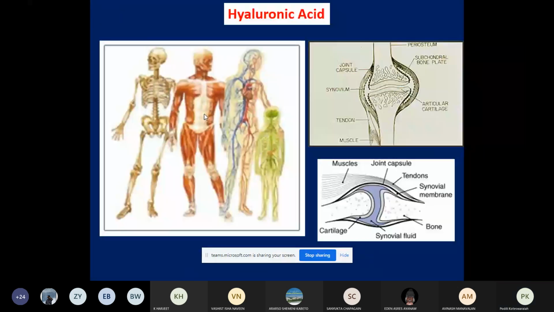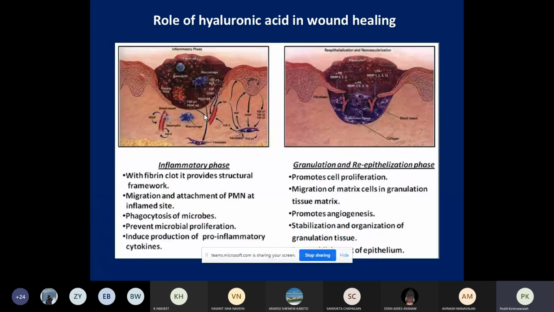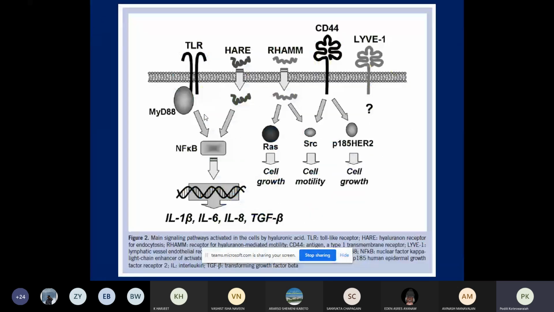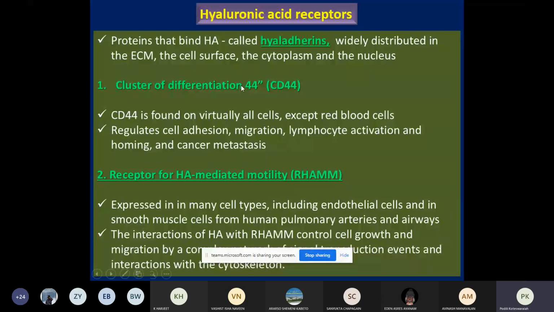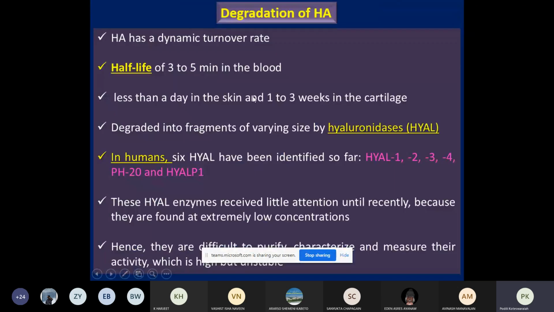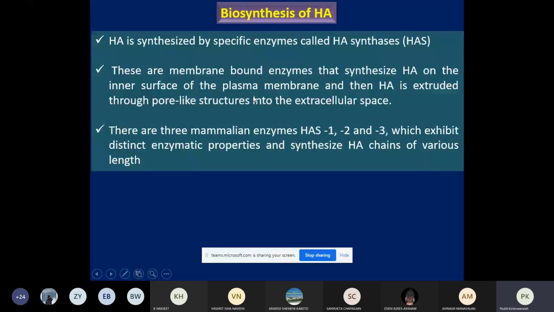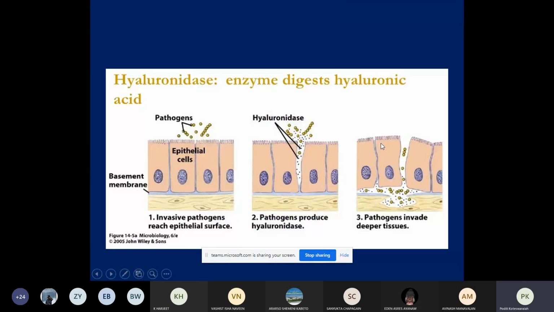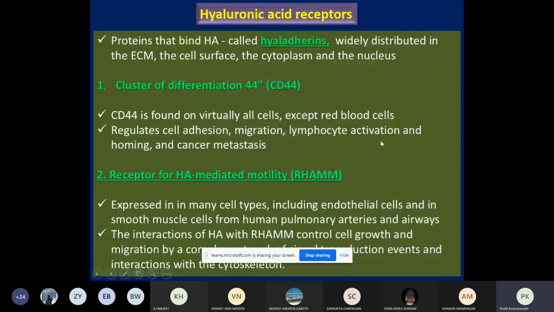And of course, in the human body, hyaluronic acid is degraded by enzymes known as hyaluronidases, so the synthesis takes place by hyaluronic acid synthase, whereas the degradation is mediated by the hyaluronidases. In the body, there are two types of receptors for hyaluronic acid.